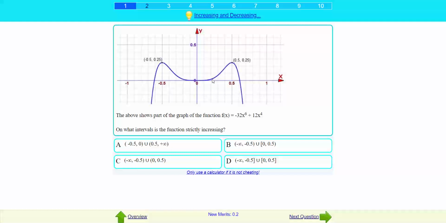And then we also have this part here, which is like 0.1, strictly increasing to 0.5. Yeah, it's a union. No, you don't include those, and you definitely don't include 0. It's this one.